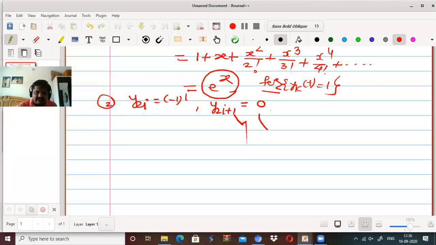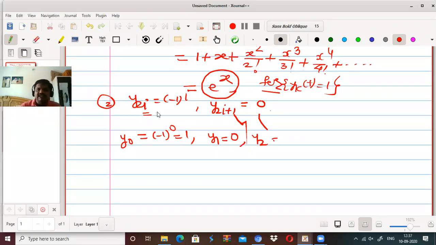If I take i equal to 0, what is the first term? y0. This means y0 is equal to minus 1 to the power 0 equal to 1, right? How does y1 come? Here if I put i equal to 1, it becomes y2. So you have to put i equal to 0 here. If I put i equal to 0 here, you will get y1 and it is equal to 0.